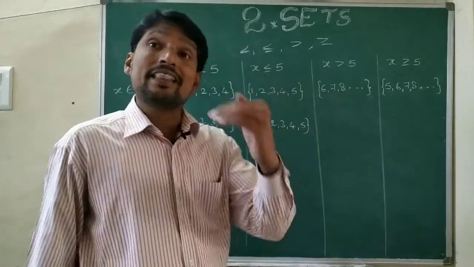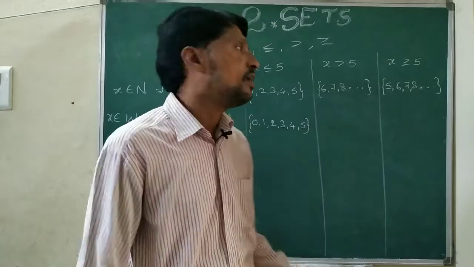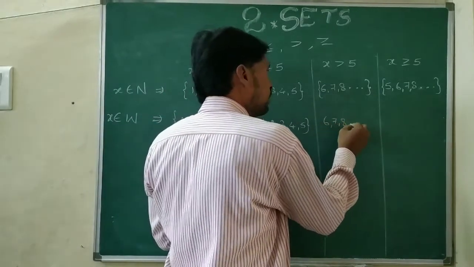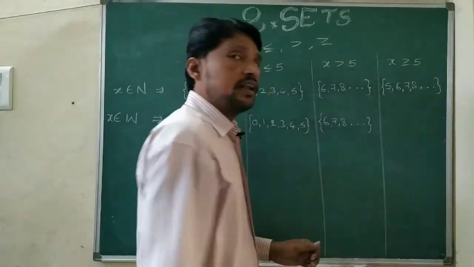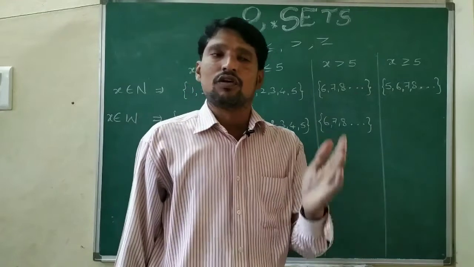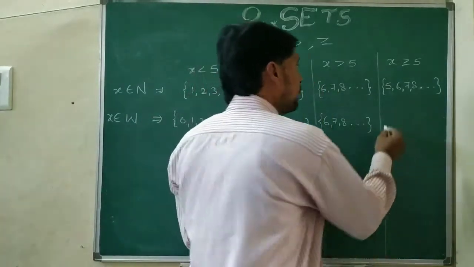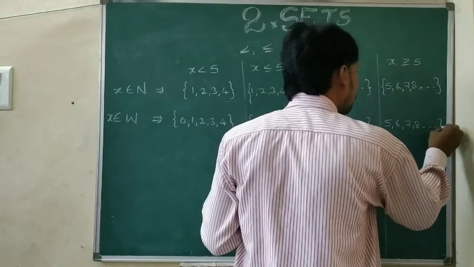Here x greater than 5. The x value is more than 5. We can take, as usual, 6, 7, 8, and so on. X greater than or equal to 5 means we can consider that value also, so 5, 6, 7, 8, and so on.